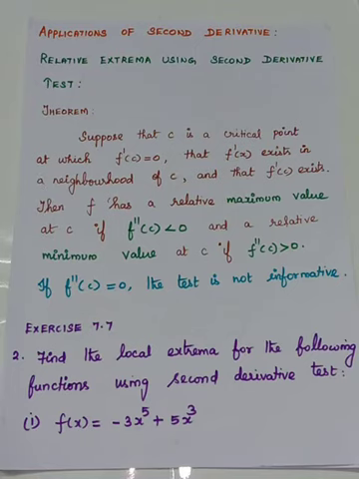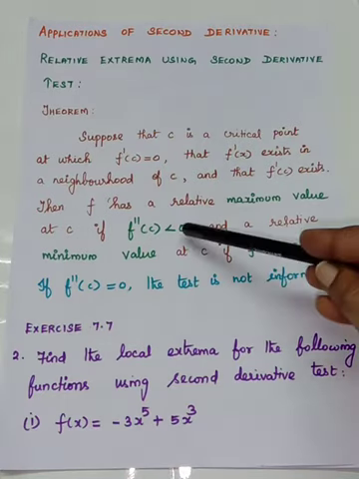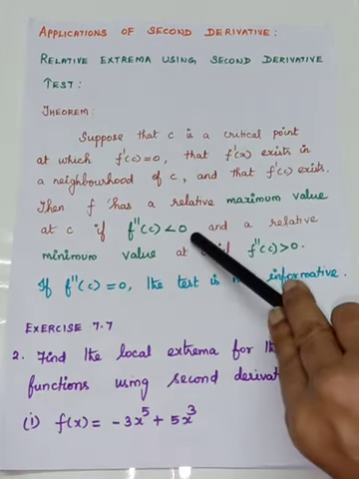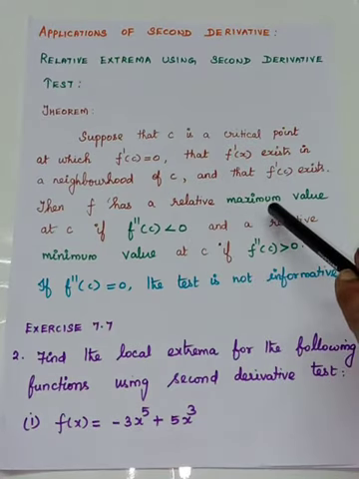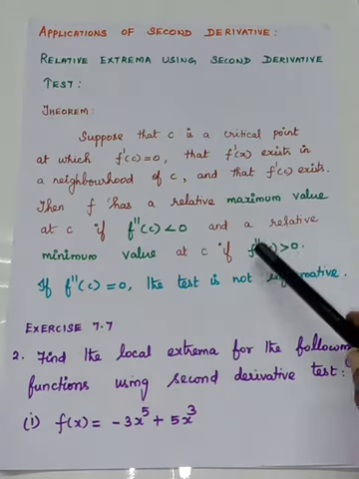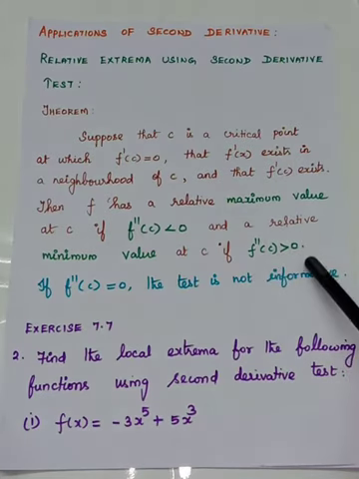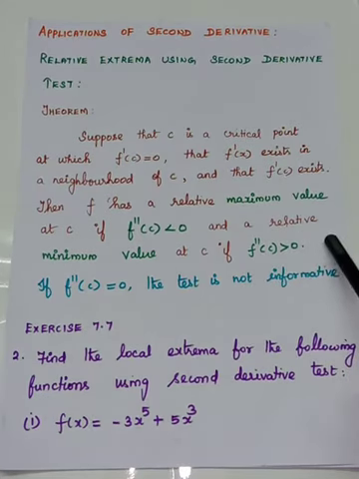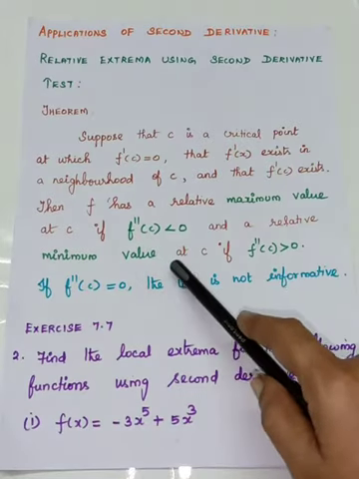Then next you have to find the second derivative and substitute the points one by one in the second derivative. If the second derivative is less than 0, it is negative, which means the function has a relative maximum value. If f double dash of C is greater than 0, the function has a relative minimum value.